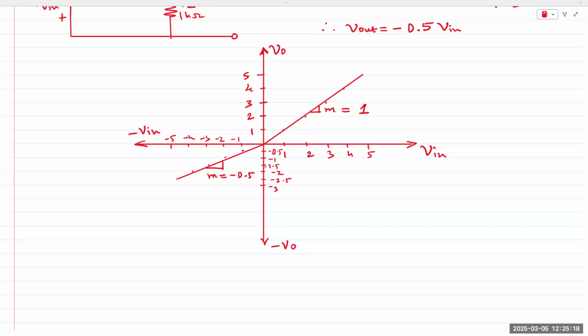So the question being asked is if we are stating that V out is minus of V in, would it be in the second quadrant? Well, the minus sign is simply indicating the negative half cycle. That's all it means.